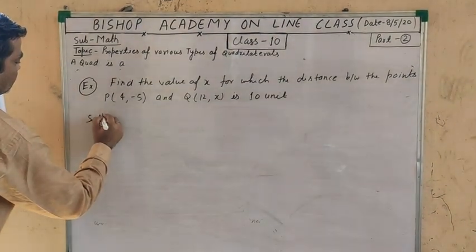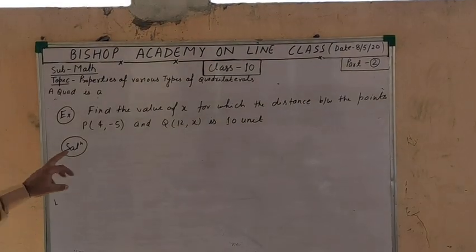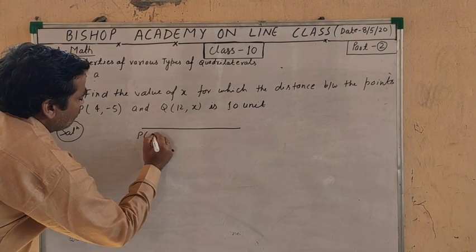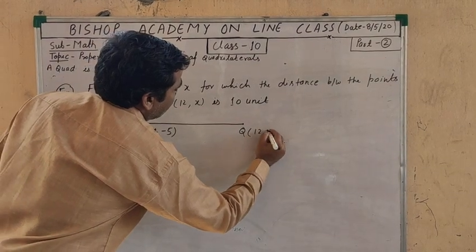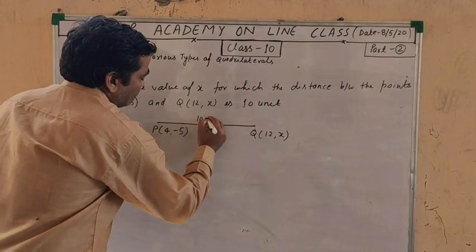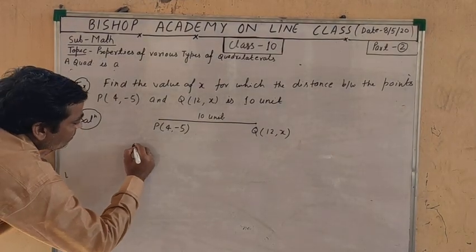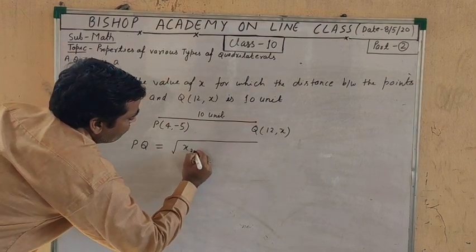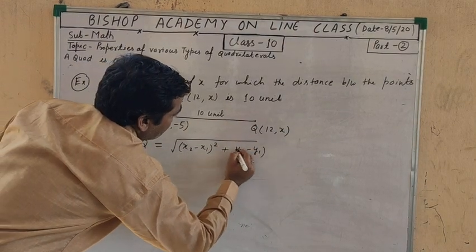Solution. The two points' coordinates are P (4, -5) and Q (12, x). The distance between P and Q is 10 units. By the distance formula, PQ equals the square root of (x2 minus x1) whole square plus (y2 minus y1) whole square.